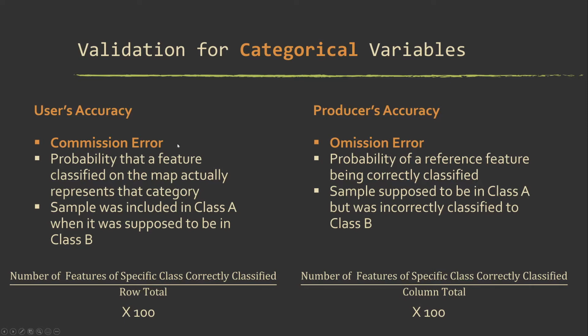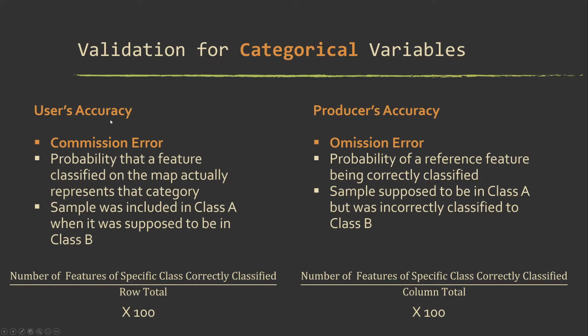So that's commission error. Producer's accuracy, in contrast, is a measure of omission error. So again, a sample is supposed to be in Class A, but was incorrectly classified to B. For example, this was supposed to be pasture land, but we incorrectly called it forest, right? So omitted from a class is omission error, producer's accuracy; included in the wrong class is commission error, user's accuracy.